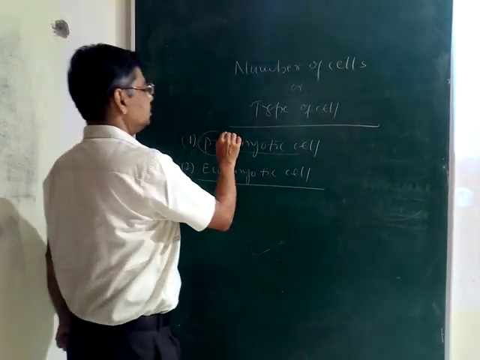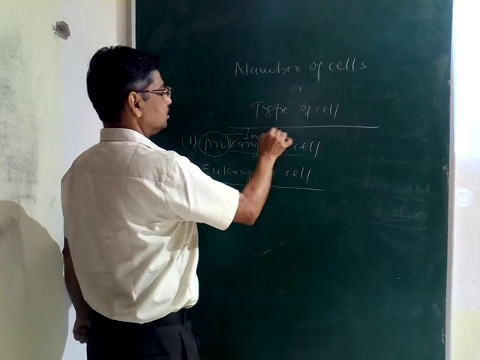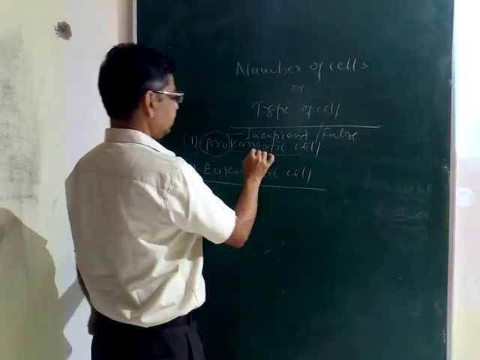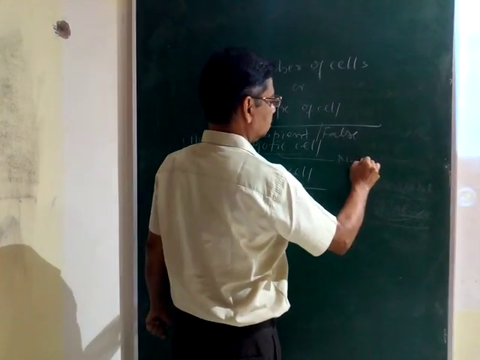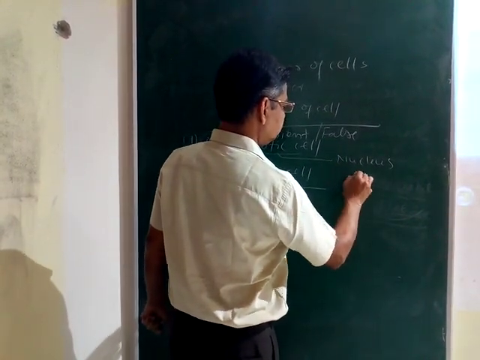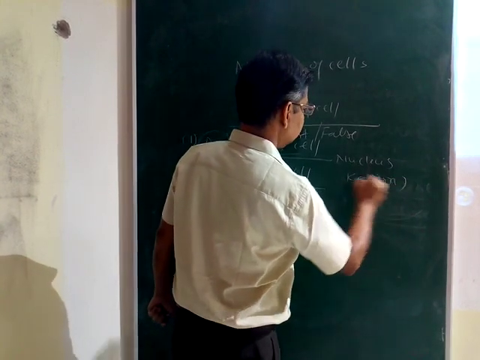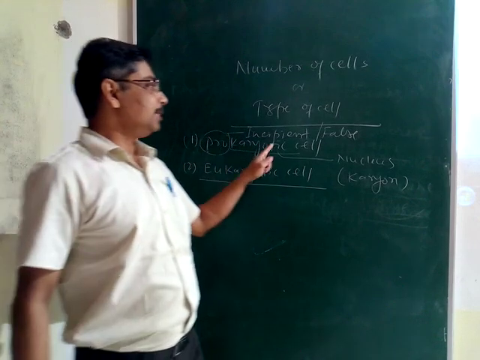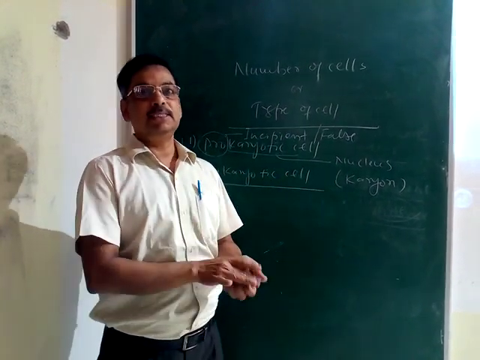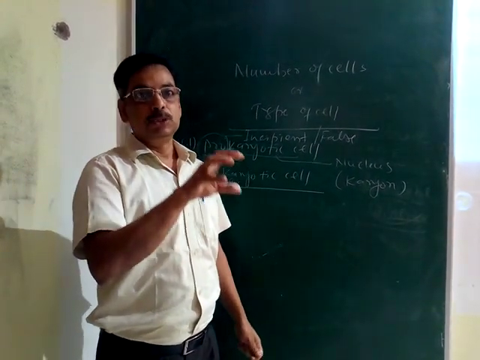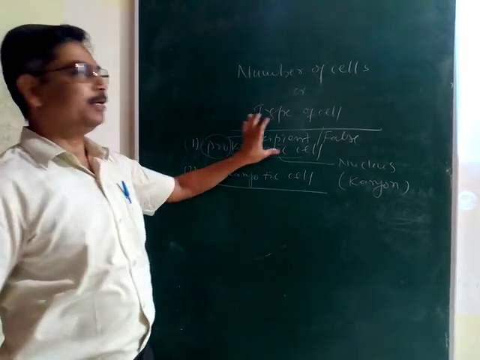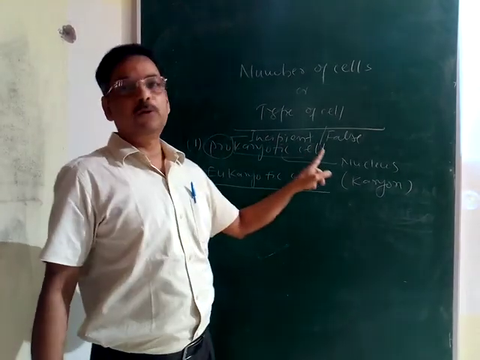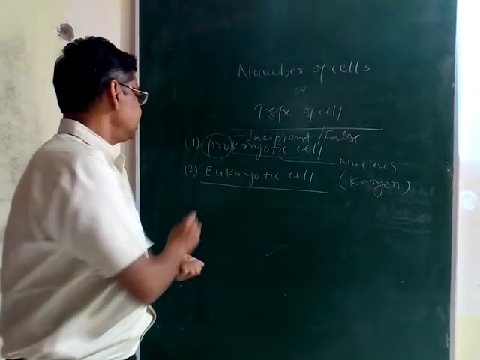Organisms that have an incipient or false nucleus, where a nucleus is there but it is not a true nucleus, are known as prokaryotic organisms, and the cells contained in these organisms are known as prokaryotic cells.